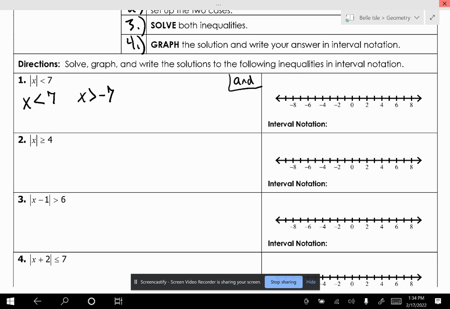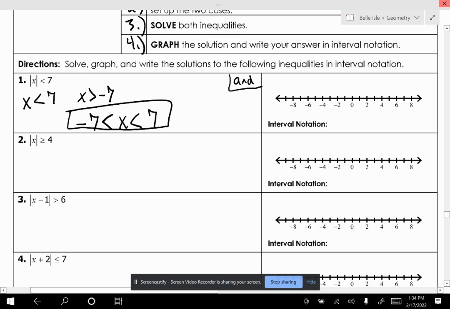Okay, so remember the and problems are the ones where you have the 3. Okay, so you have -7 is less than x, which is less than 7. Okay, and a lot of times, if it's kind of tough for you to conceptualize and see it in your head, after you put the graph down on the line graph, that can be a little easier to see.